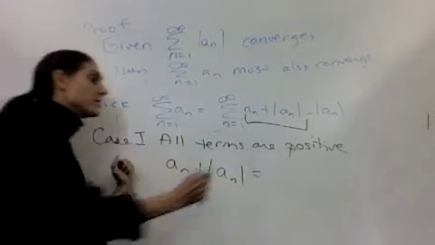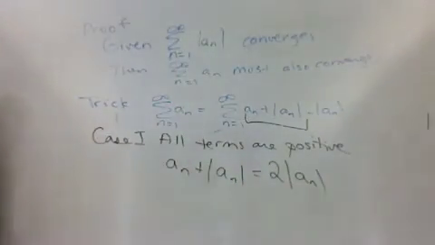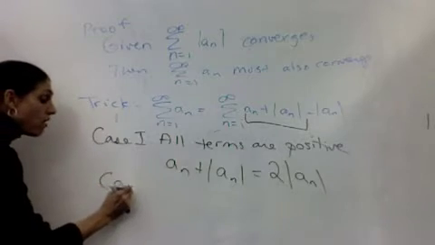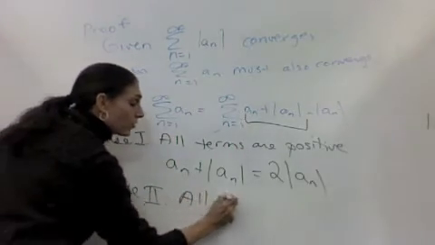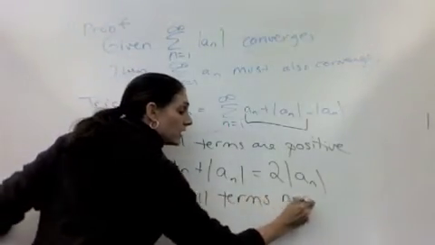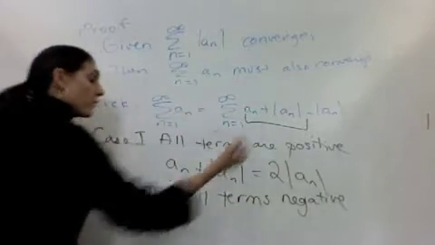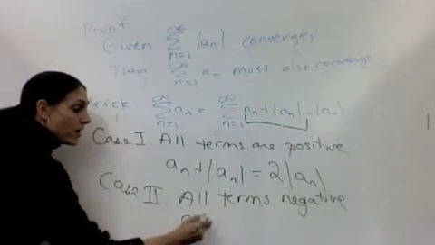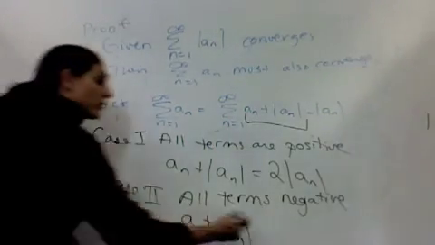So I get 2 of those. So what happens in case 2 if they're all negative? So I'm going to extremes here. All terms negative. Yeah, exactly. So for these two, if they're all negative, a sub n plus the positives of them all is going to be 0.